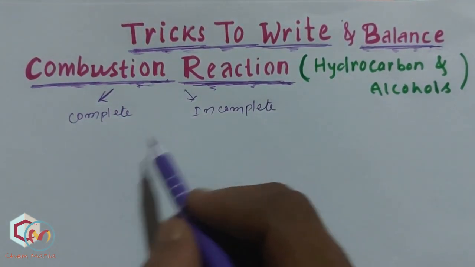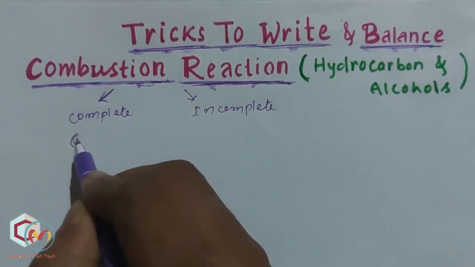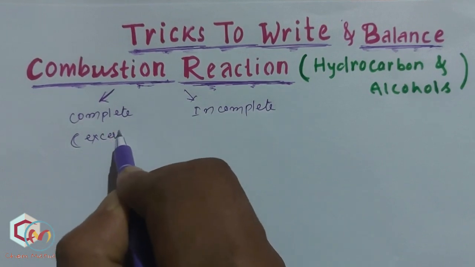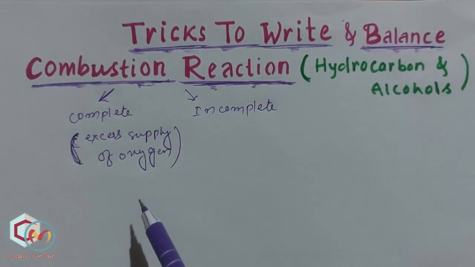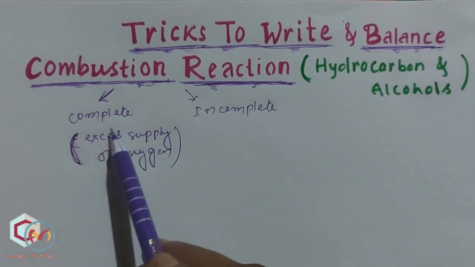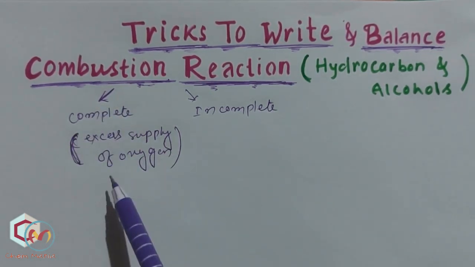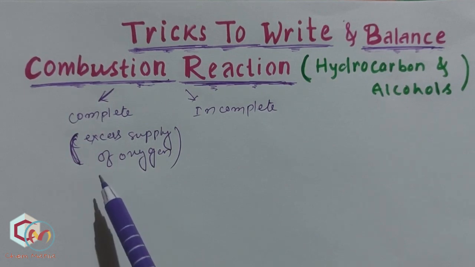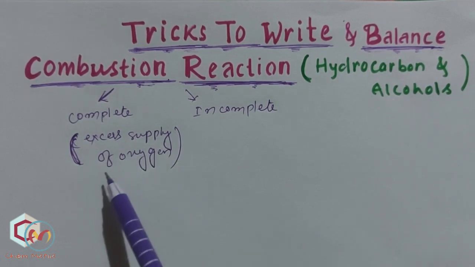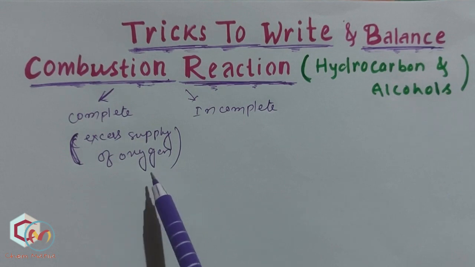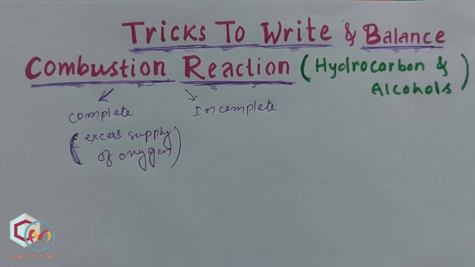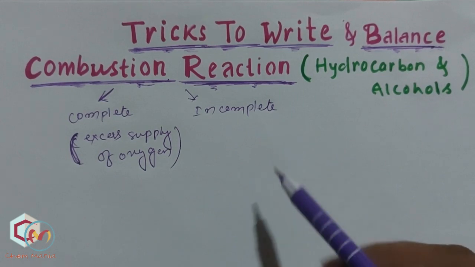In complete combustion reaction, any compound burns in presence of excess supply of oxygen, that is maximum amount of oxygen is there, so it can react completely with all the hydrocarbons present.